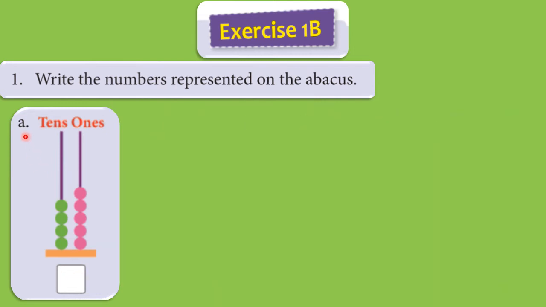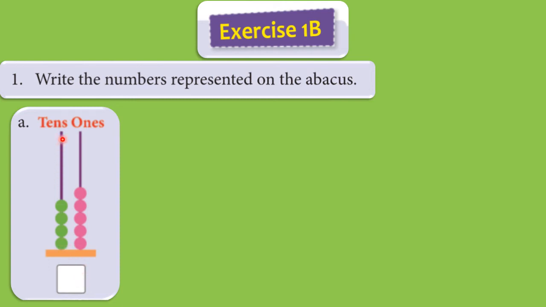First let us take A. Here on this abacus we have 2 rods, 1's place rod and 10's place rod. On 1's place rod we have how many beads? 1, 2, 3, 4, 5. So therefore the digit at 1's place will be 5. Remember that.